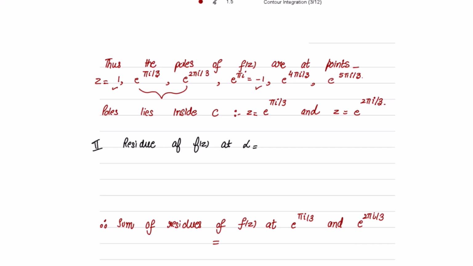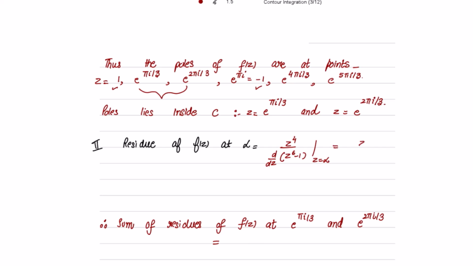If I calculate the residue at α, what is the formula? Just write the numerator as it is and then differentiate the denominator with respect to z. This is the formula for finding the residue at z = α.